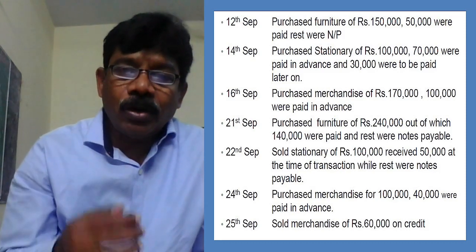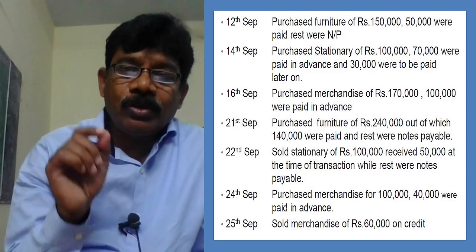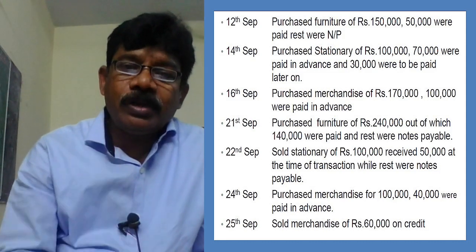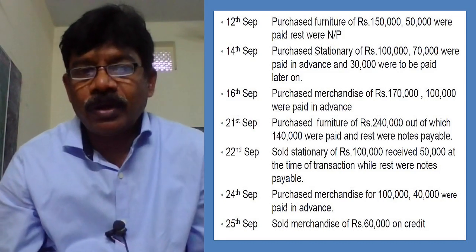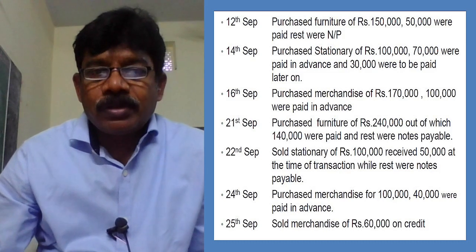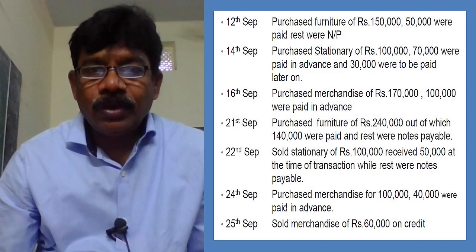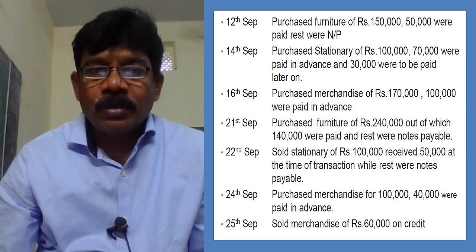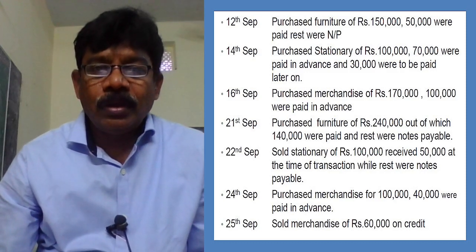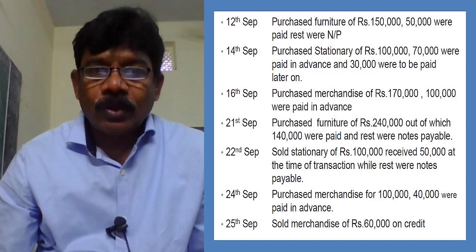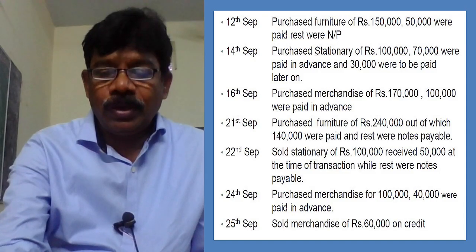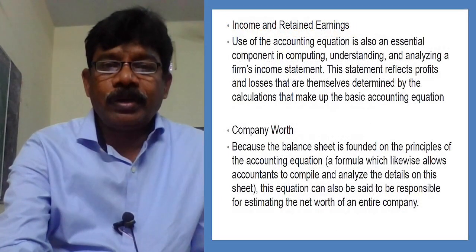You follow me, how I am posting the entries. Then only you can easily understand. It is very important for 4 marks. They will give 3 or 4 transactions and ask us to prepare the accounting equation. Okay, students?